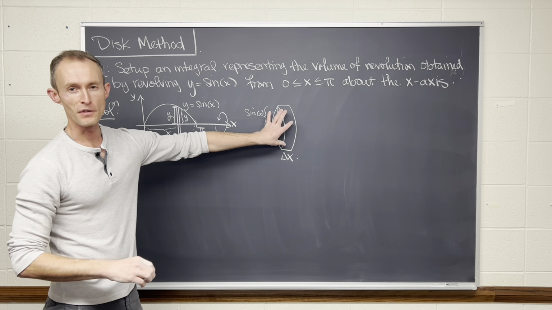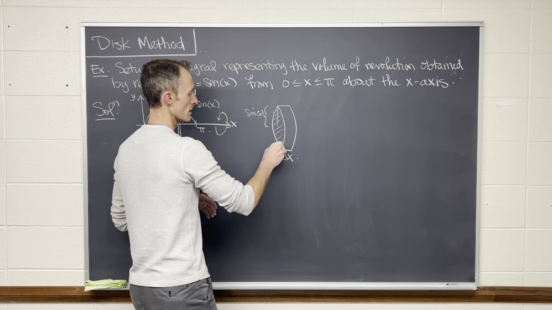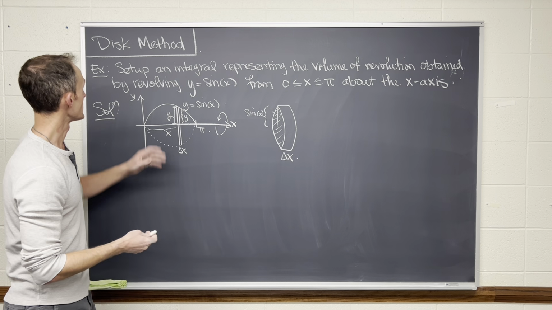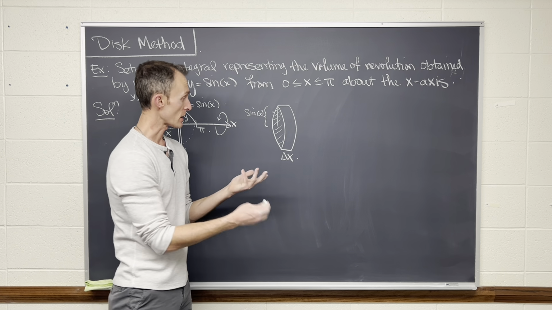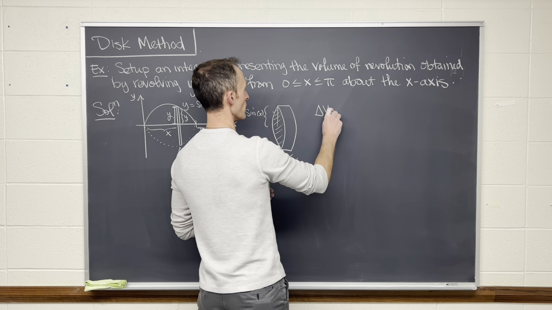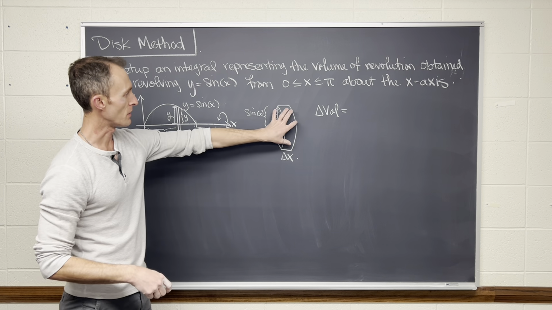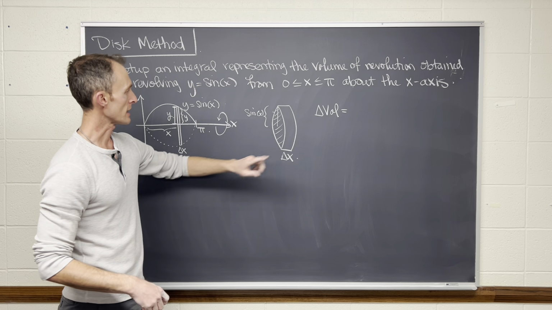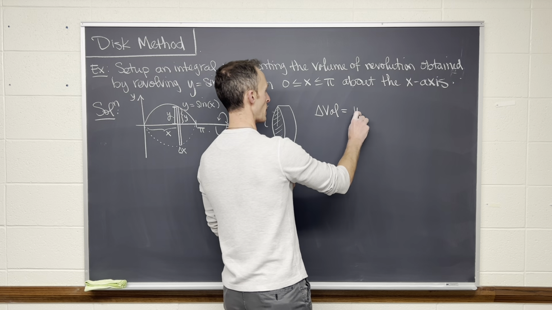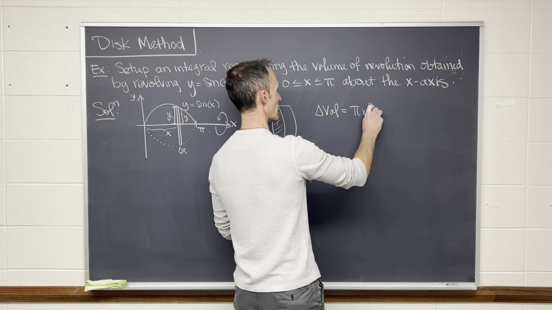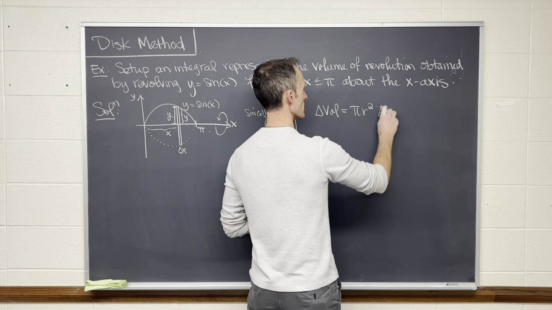So how do I find the volume of a hockey puck? I take the area of this face, which is a disk, so this is why it's the disk method, multiplied by how thick it is. That's how I get the volume. So my sample volume, delta vol, the volume of this particular section, is equal to the area of the face, which is pi times radius squared, times how thick it is, delta x.